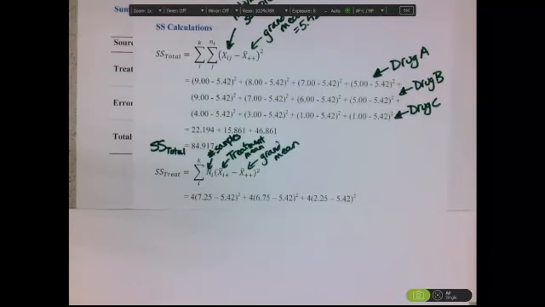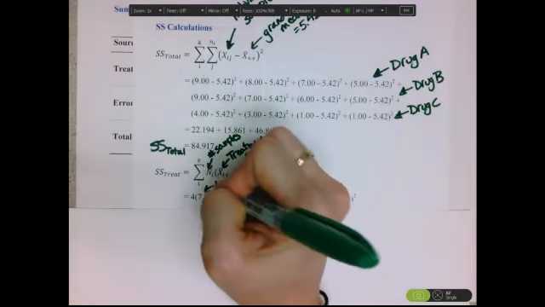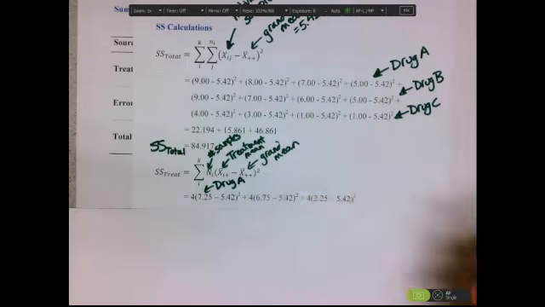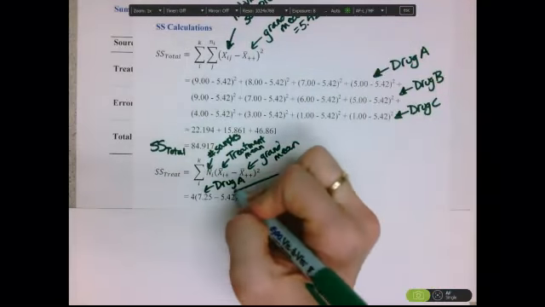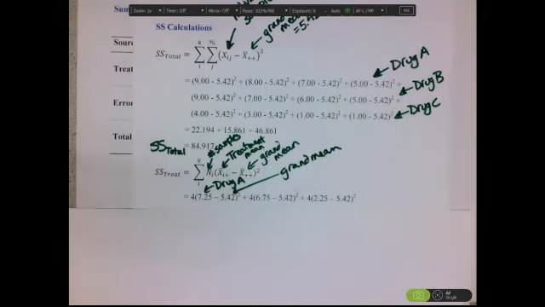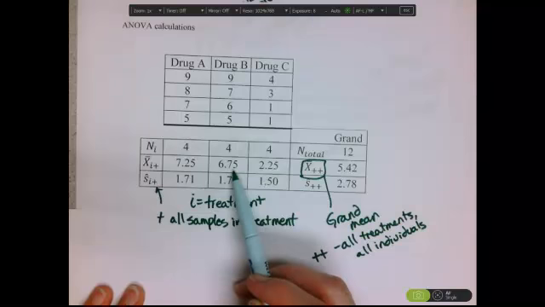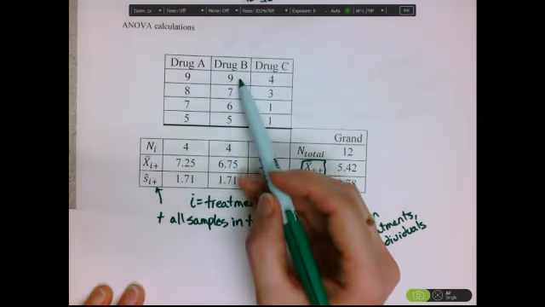So now we have 4, which is the number of individuals in the treatment. 7.25 is the treatment mean for drug A, and 5.42 is, of course, the grand mean. 6.75 is the mean for drug B, and again, we have 4 individuals.